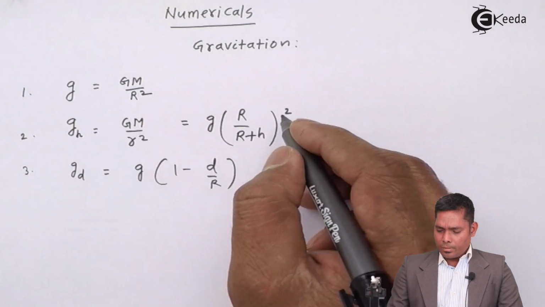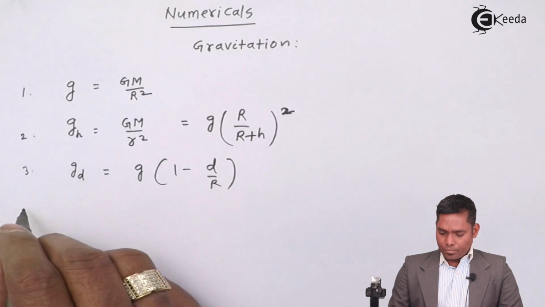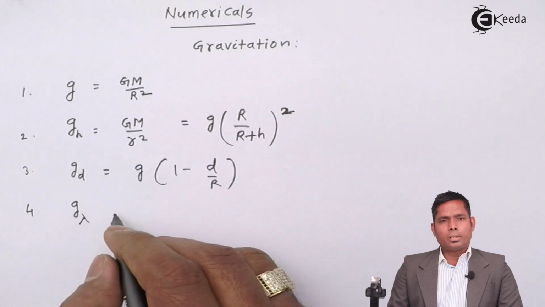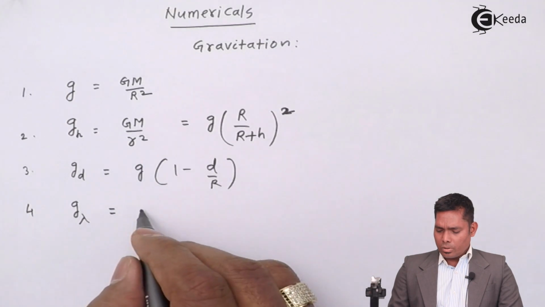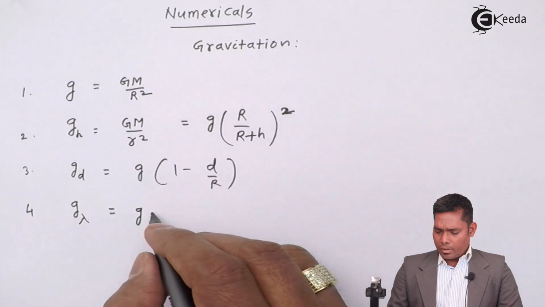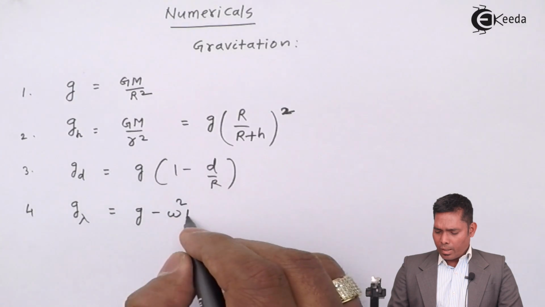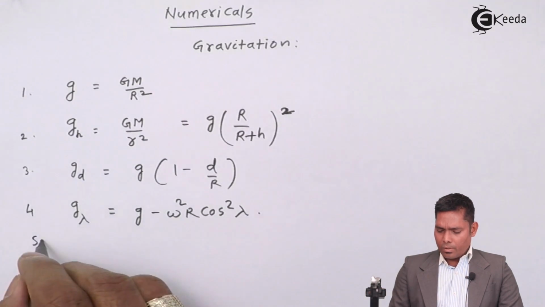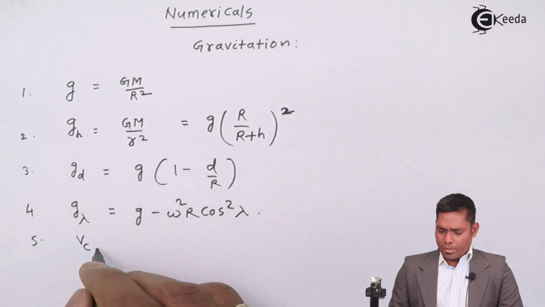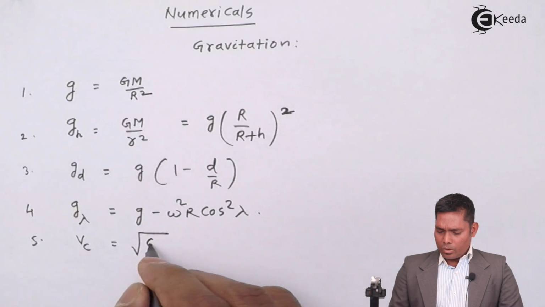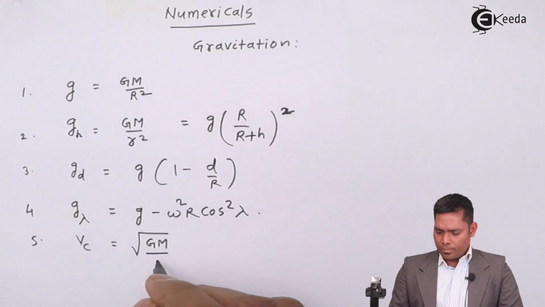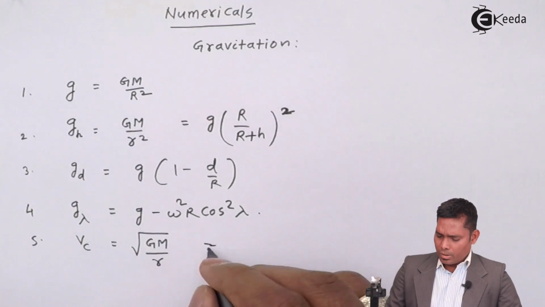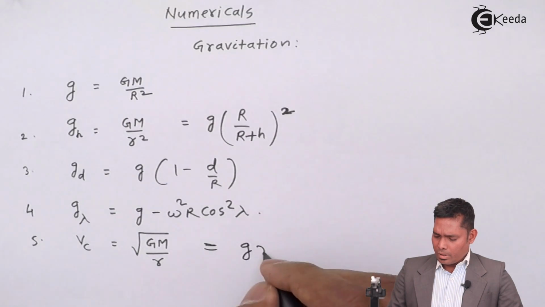Then we have g_lambda, that is at latitude lambda, g minus omega square R cos square lambda. Fifth, the critical velocity is under root GM over r, or critical velocity is root gR.